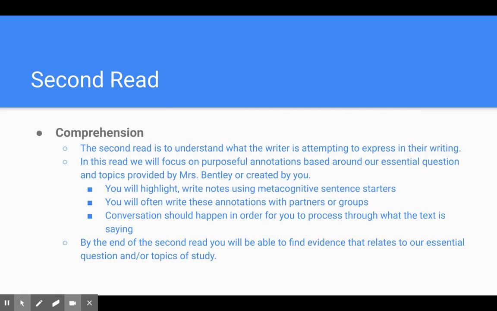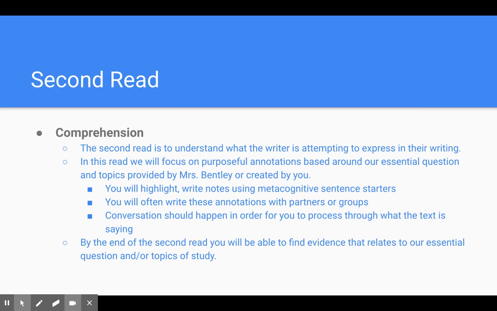During this annotation process, you'll highlight things that seem important or interesting. Remember, there's no real right or wrong. What you're highlighting for is things that stand out to you, things that seem important. You don't have to write a note for everything you highlight. It's just a reference for you when you go back and look at the text during the third read.